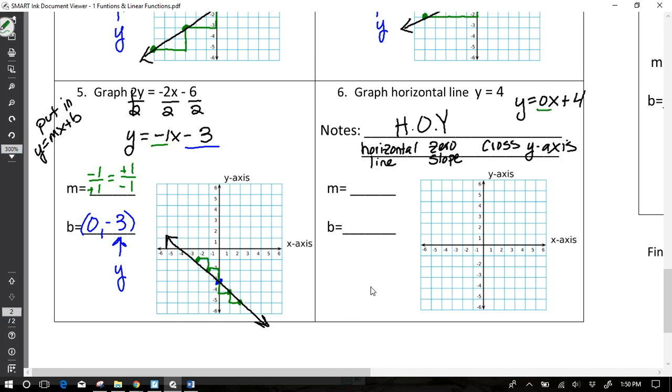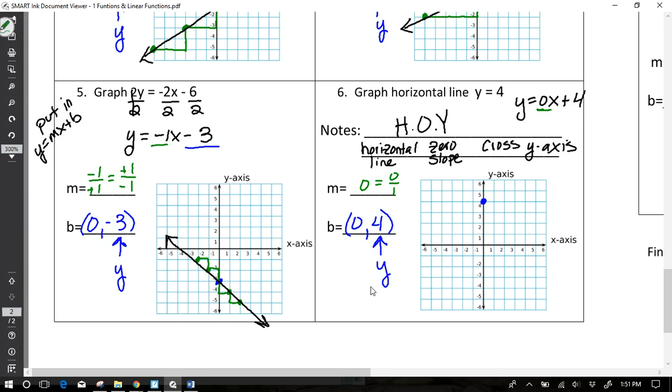So my slope here is 0. You could also write that as 0 over 1, okay? And then my y-intercept is a 4, so 0, comma 4, where that's my y value. So now I can do the same process. I'm going to go up 4 and plot that point, and now I'm going to do my slope.